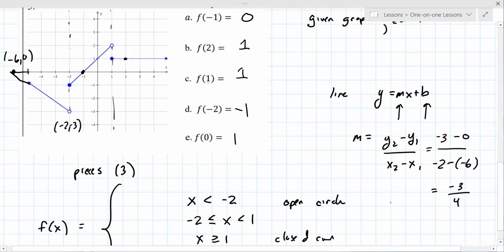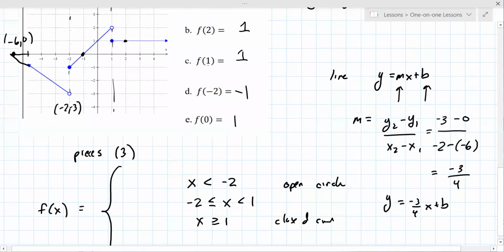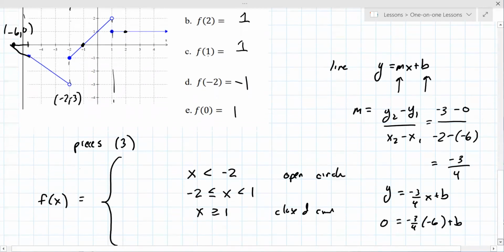Now, how do we find the b value? Well, we got y equals -3/4 x plus b. To find the b value, just put one of these points in. So let's put this other one in. So y is 0, x is -6, plus b.